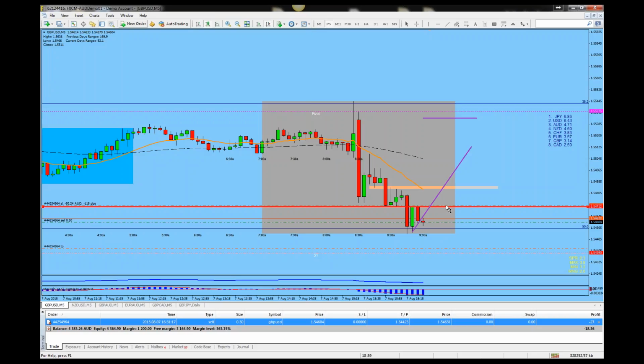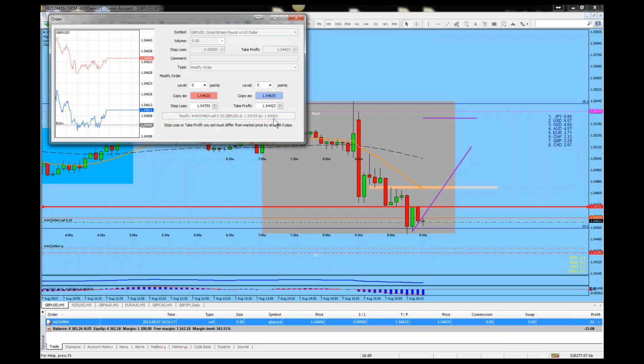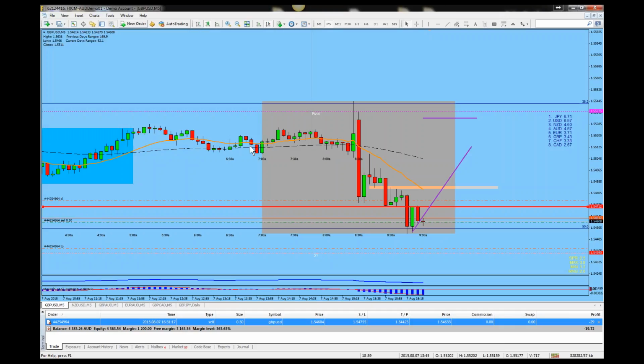That's 11, and I'll add 3. I'll make it a 15 pip stop, more than I normally do, but on these high volatility pairs, that seems to make a bit more sense.